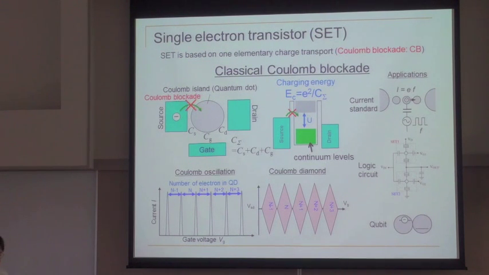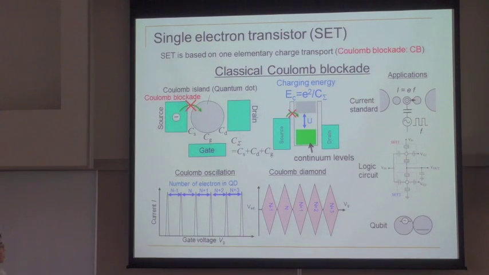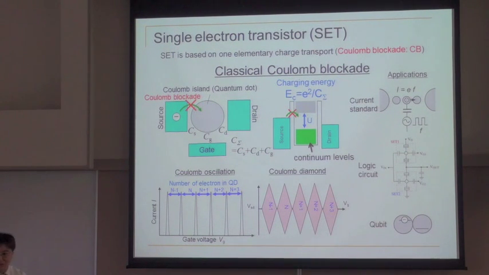This phenomenon is called classical Coulomb blockade, because this behavior can be explained by classical physics. And these can be applied for the current standard logic circuit and qubit and so on.